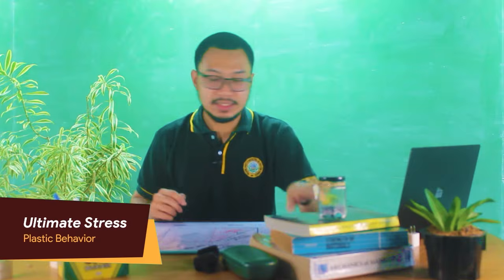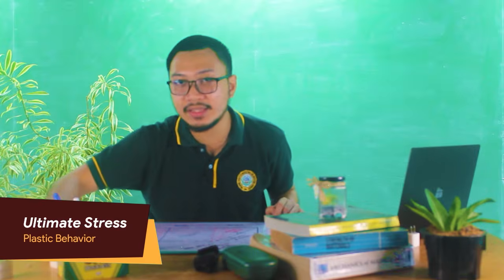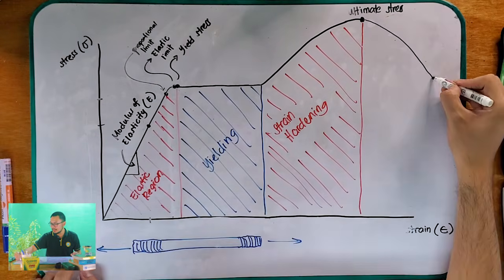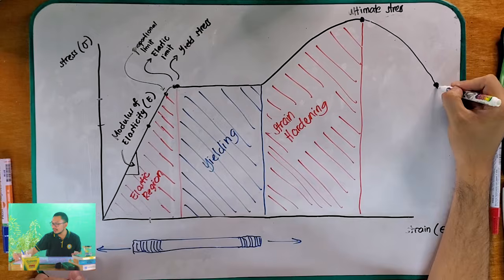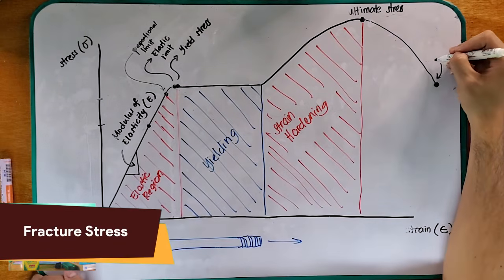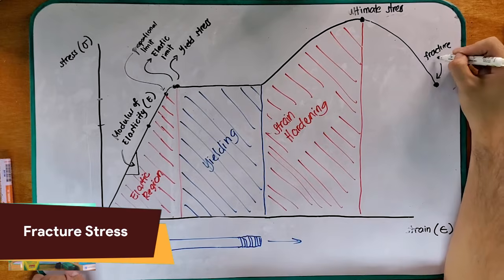Because after this point, munaog na ang atong curve. Nigamay ang stress after sa atong ultimate nga stress. And then, it will come to a point nga ni break na siya. So, this is our fracture stress.